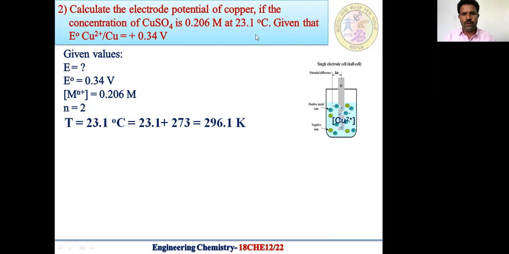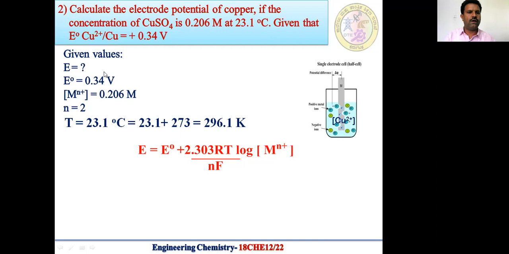So here we should see the temperature is not 25 degrees Celsius, it is 23.1 degrees Celsius. Hence, that indicates it is not a standard condition. So we should use the suitable Nernst equation, that is E is equal to E naught plus 2.303 RT divided by nF log of the concentration of the copper sulfate solution in this problem.